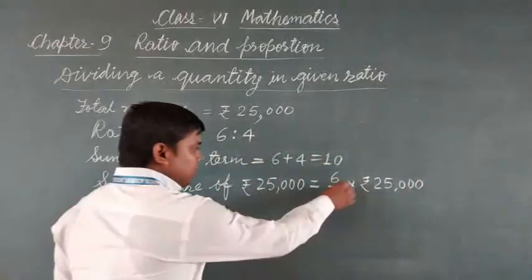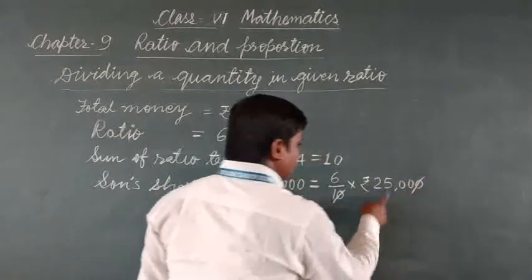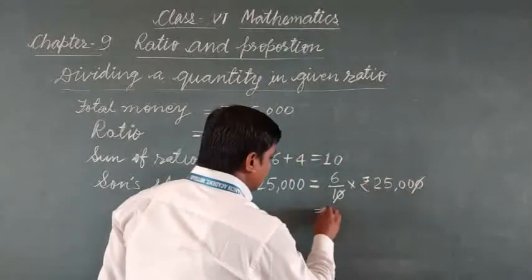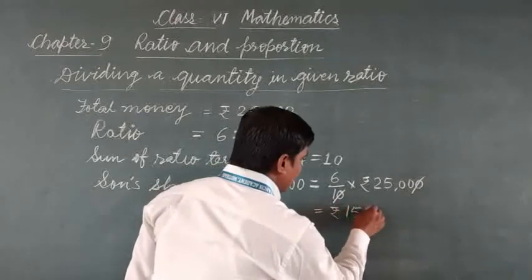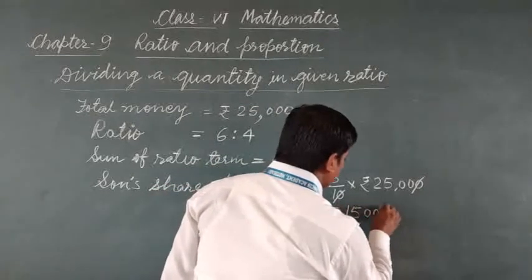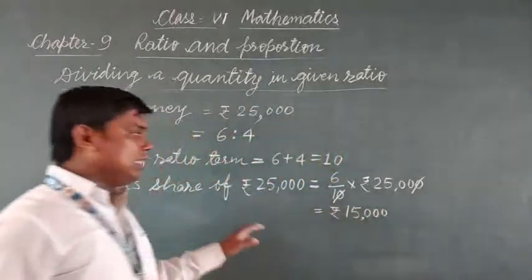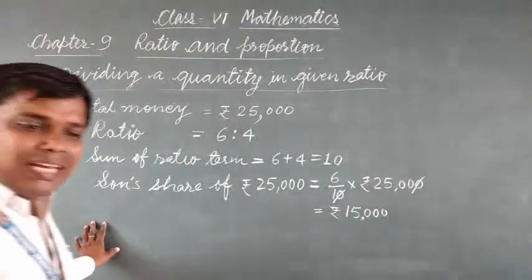Now 10 and 10 cancel. 25 times 6 is 150, so rupees 15,000. The son will get 15,000.